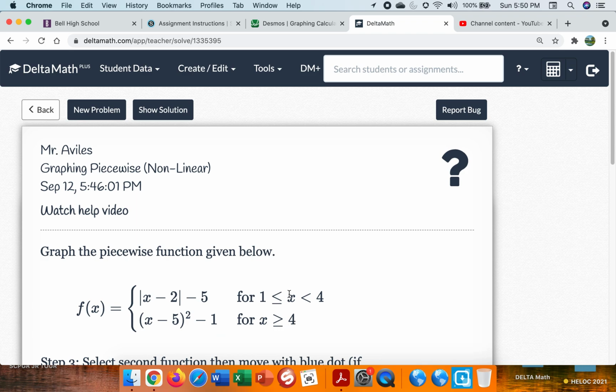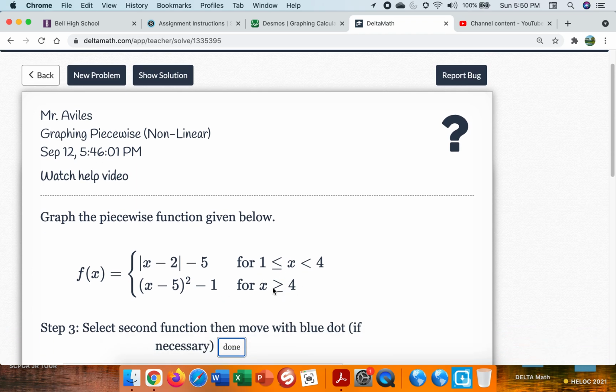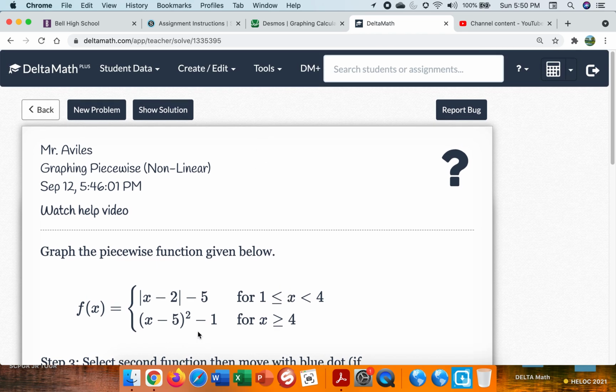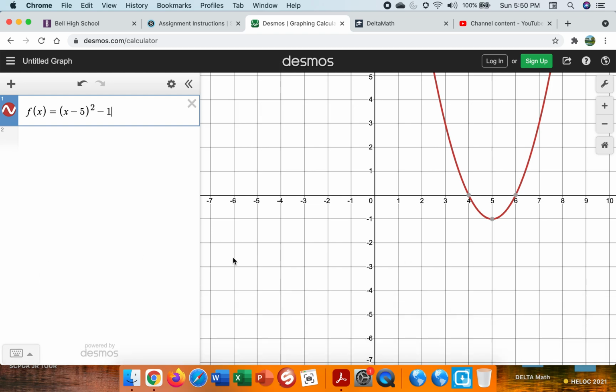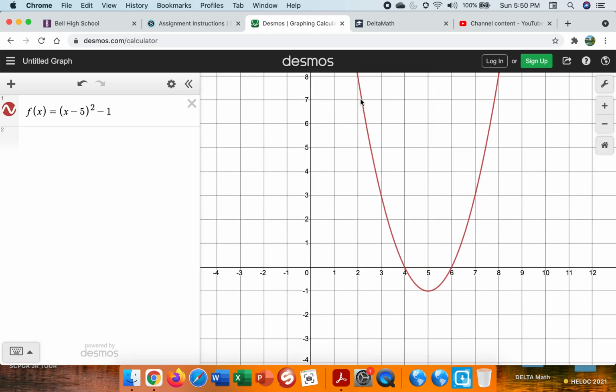And then what does this interval say? Oh, we don't need to do that right now. Let's plot it on Delta Math. X minus 5 squared minus 1. And what shape is this? It's a U shape, it's a parabola, and its vertex is what you need to know. The vertex is right here at positive 5 on the x, and negative 1.